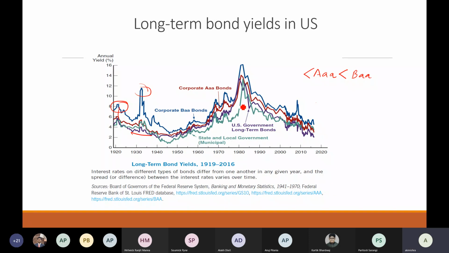If you take this as a reference, here is the state government, and this is the US. What we are observing is how the yield, or interest or coupon payment, for various securities is increasing.